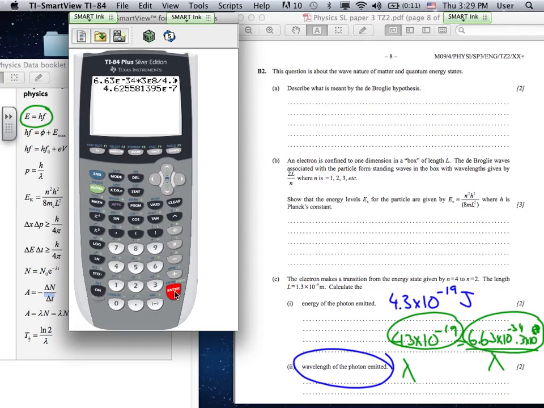Enter. And I get an answer there of 4.625 times 10 to the negative 7. Again, I'm going to do two significant figures, so it's going to be 4.6 times 10 to the negative 7. And obviously, because we're looking at wavelength, we're looking at a length that is going to be meters.